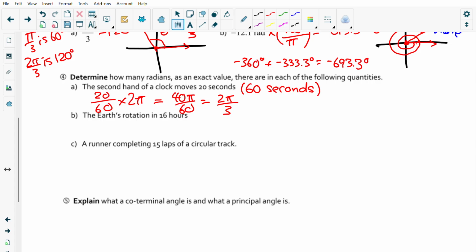The Earth's rotation in 16 hours, so this is out of 24 hours, right? 16 out of 24. What fraction of the full rotation, 2 pi, is it? Well, that's 32 pi over 24, and that's 4 pi over 3.